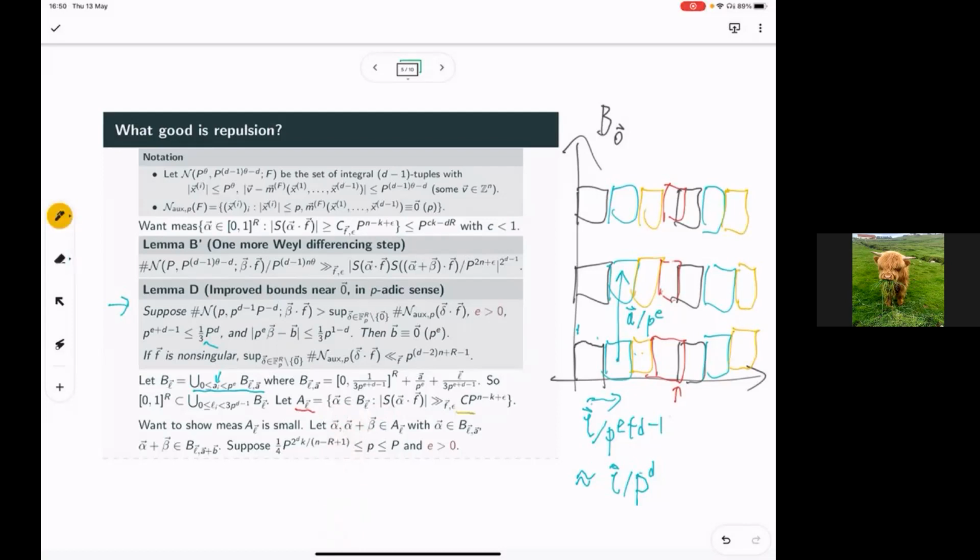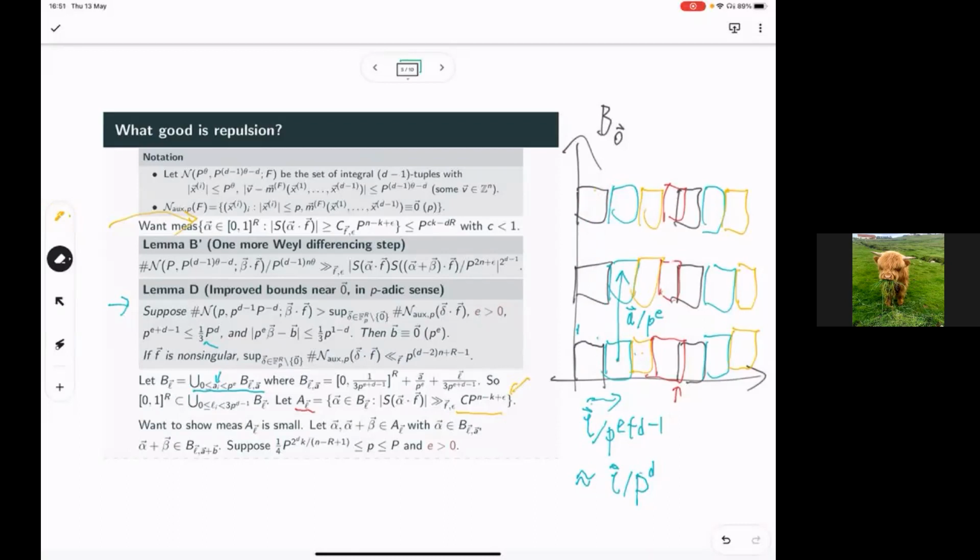And large just means the usual thing, which comes from the definition of the set whose measure we need to be small. What we want to do is show that for each L, this measure is small. And like I advertised, what this is going to mean is showing that for each of these translates, each of these sets B_L, only one of these little boxes can actually meet A_L. So the exponential sum can only actually be large on one box in each colorful neighborhood.